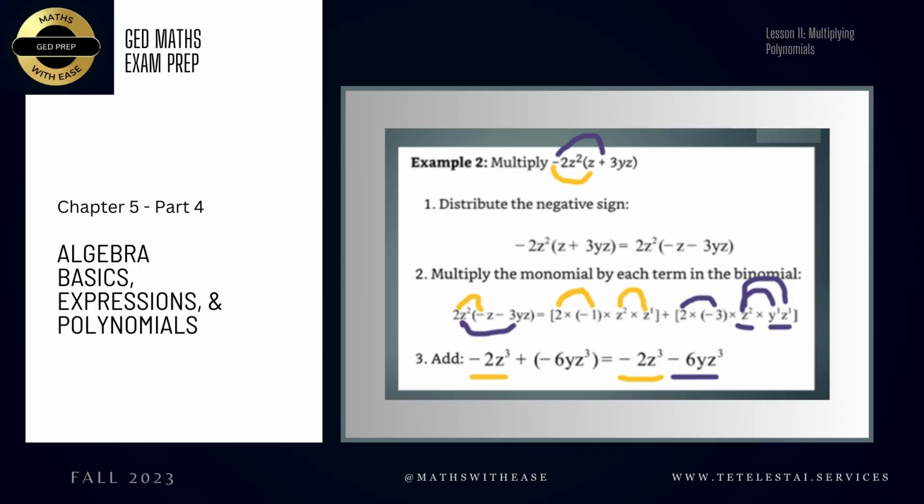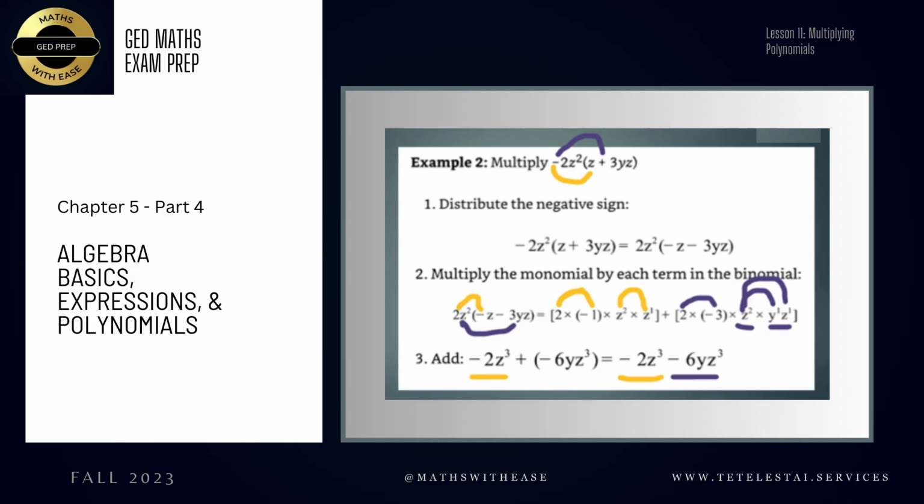And so for 2z squared times -3yz, we have a -6yz cubed. But again, this is kind of a tedious way of going about it. What I just do is look at the original expression. We have a -2z squared. So we know that everything here needs to be multiplied by the first term.